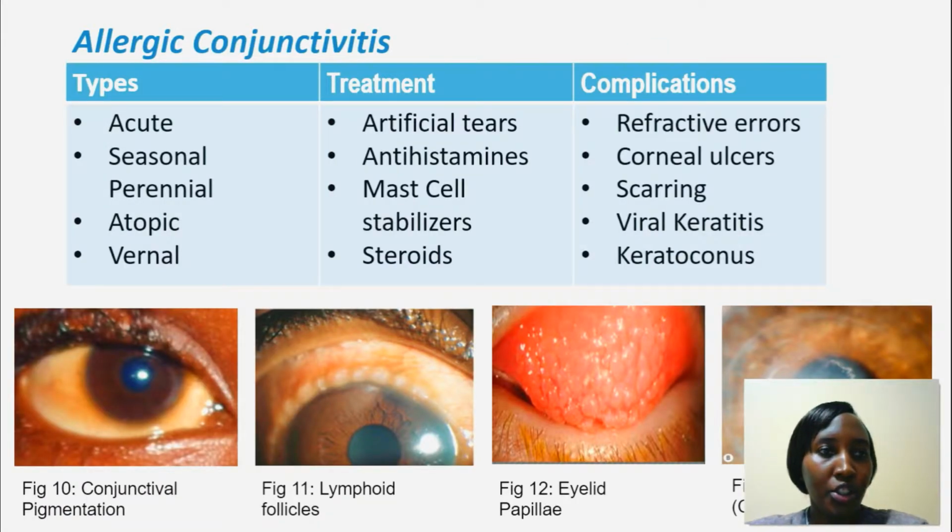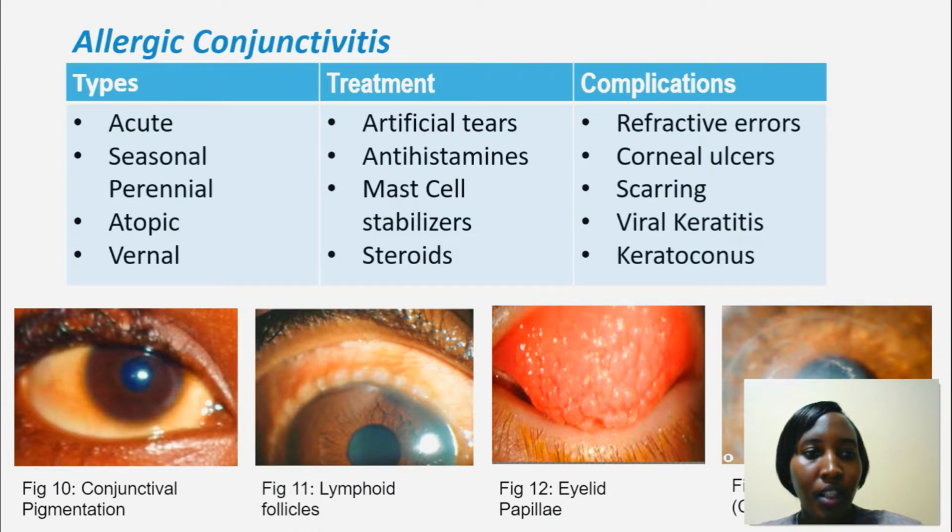Our next condition is allergic conjunctivitis. This is a very common eye problem, and especially when it is recurrent, such as in perennial and atopic and vernal conjunctivitis. Some of the signs of allergic conjunctivitis include conjunctival pigmentation, as shown in figure 10.